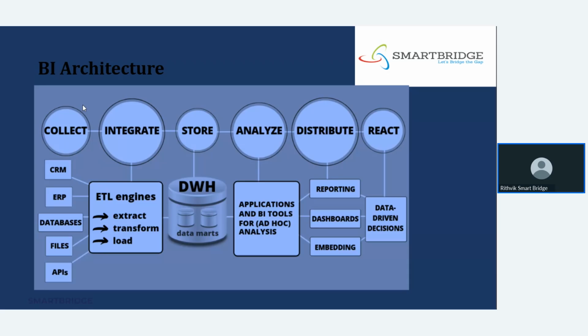From where we are collecting the data? Databases, files, CRMs, ERP. CRM means customer relationship management. Files, APIs, application programming interface, and databases. From here, we are going to collect the data.